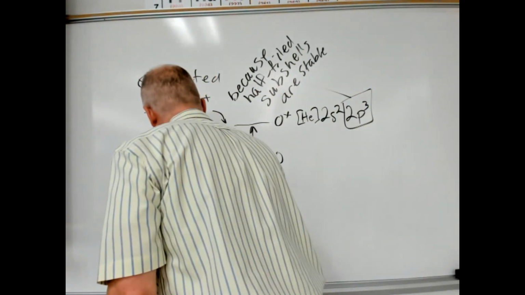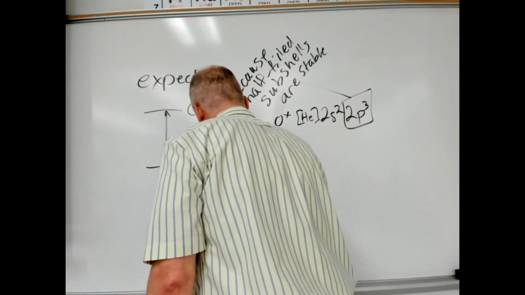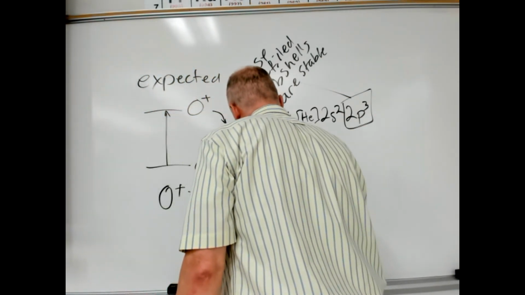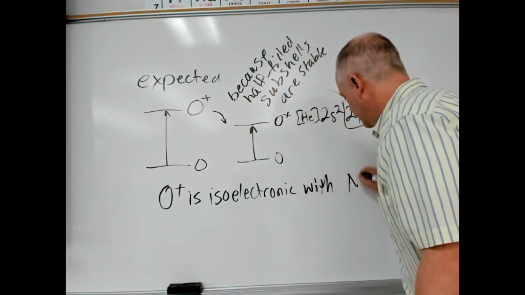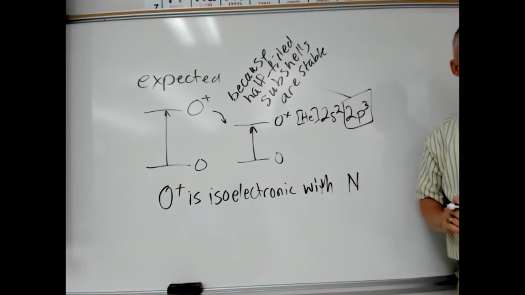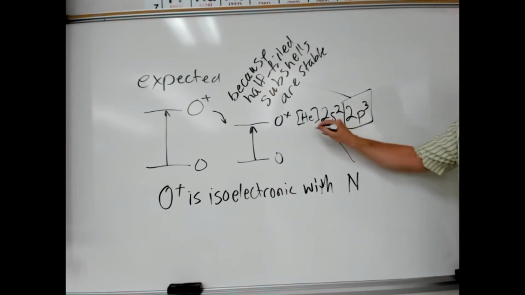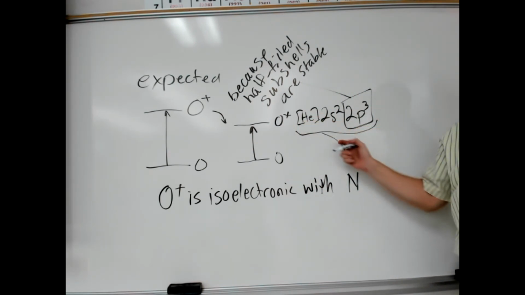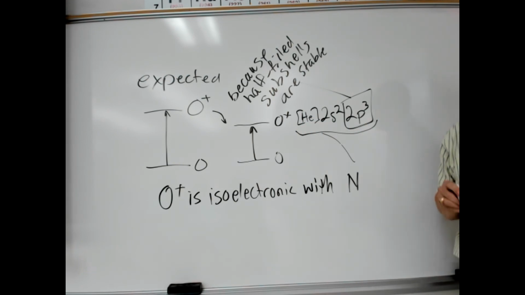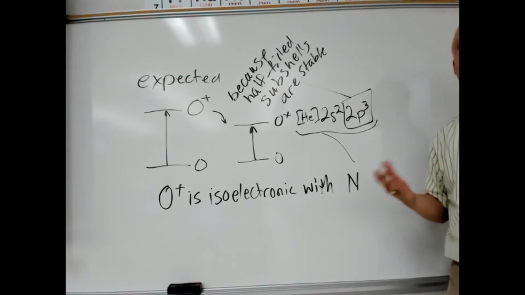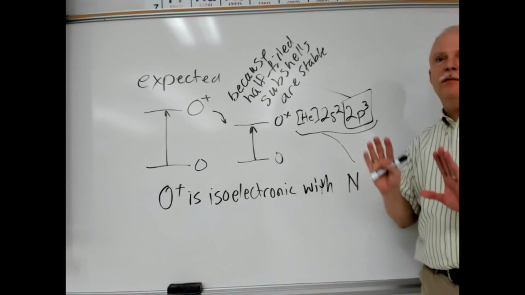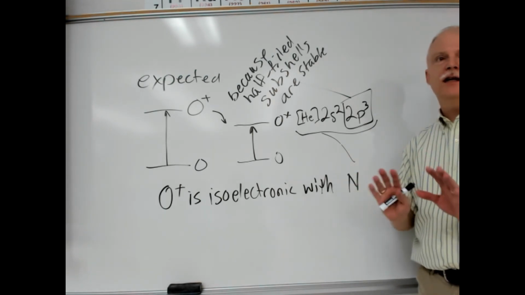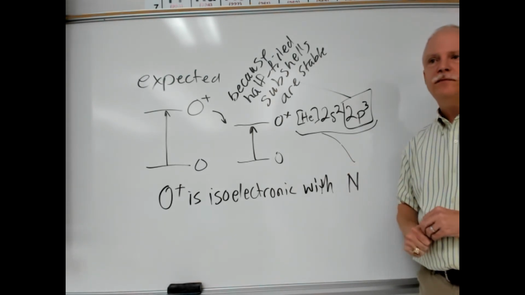O plus is isoelectronic with nitrogen. Has the same electron configuration. Now when we get to our diatomics and molecular orbital theory, we're going to talk about isoelectronic there as well. Okay. And so we'll be putting cations and anions together and making diatomics.